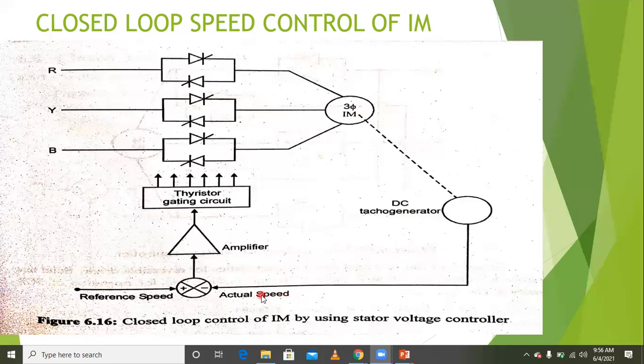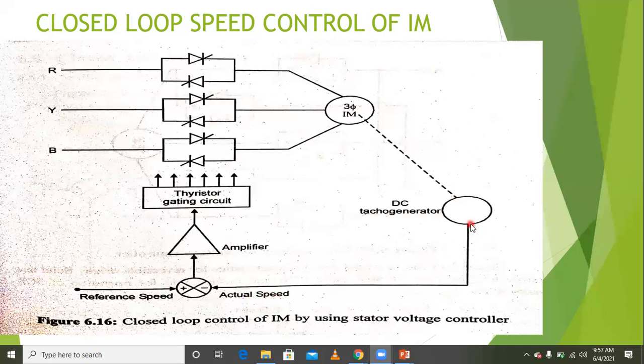This voltage is compared with the reference voltage, that is called the reference speed. This voltage is proportional to the actual speed of the induction motor. So this voltage and that voltage are compared.